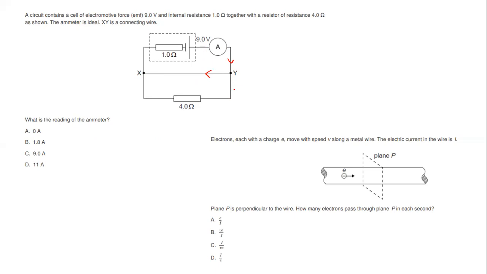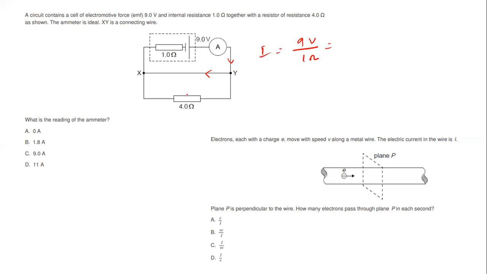Even though there is 4 ohm, no current will pass there. Every current will pass over here. So now he is asking what the current is. The total resistance here is 1 ohm and the total voltage is 9 volt. So 9 volt divided by 1 ohm is your current.